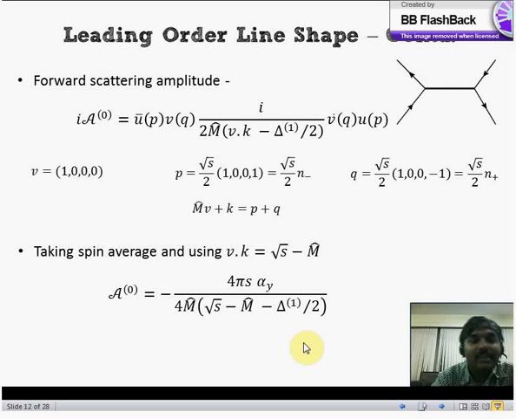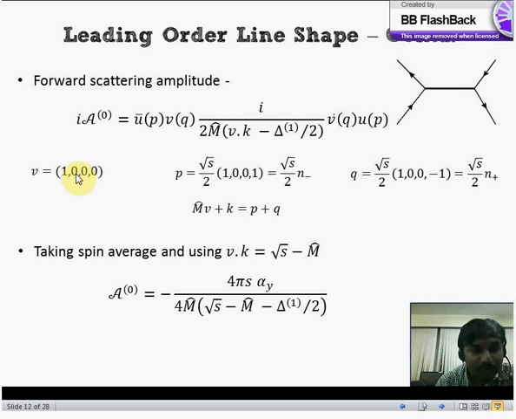So the Feynman diagram that we should calculate is simply this. The Feynman diagram is extremely simple. We just put in the scalar propagator over here, and we have the Dirac spinors on either side.